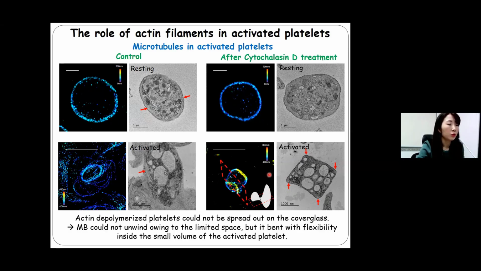Based on this, we could confirm that the actin-depolymerized platelet could not spread out on the coverslip, and the microtubule bent with flexibility. So in conclusion, it seems that actin is responsible for providing the spreading force, and microtubules tend to be flexible during this activation process.